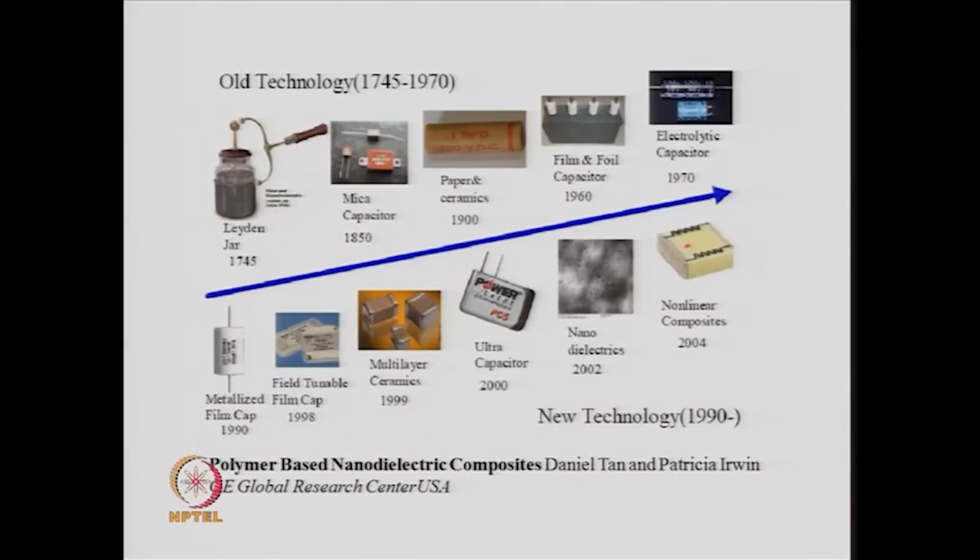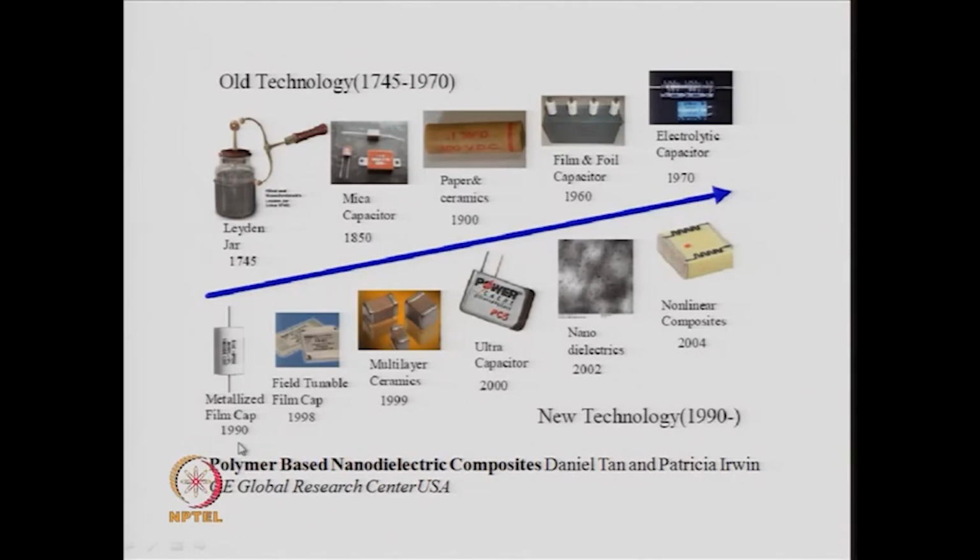Now, over the years, you can see that there has been a great change in the technology being used for capacitors. So, this is a kind of a historical plot where the Leyden jar, the first dielectric which was used, then to the mica capacitor which was very popular till the 1900s, and then you had this paper based and ceramic based capacitors shown here, and then the film and foil based capacitor in the 1960s, and then the electrolytic capacitor in the 1970s.